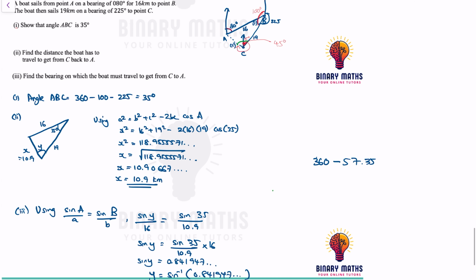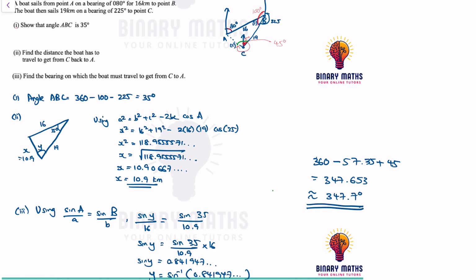But because I've taken away the red part which I want in my bearing, I need to add that red part on, which is 45 degrees, which gives me a value of 347.653, which is roughly 347.7 degrees. So that would be my final answer.